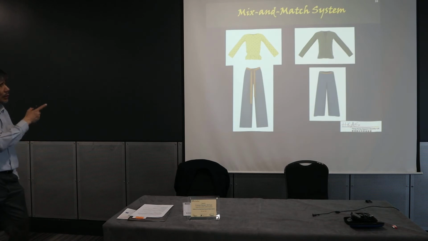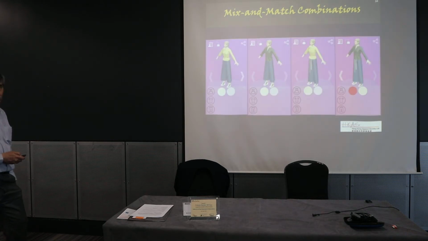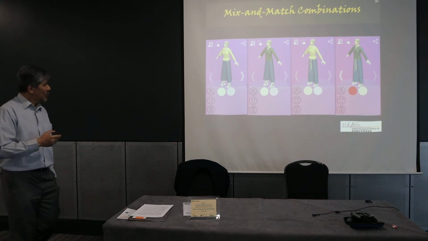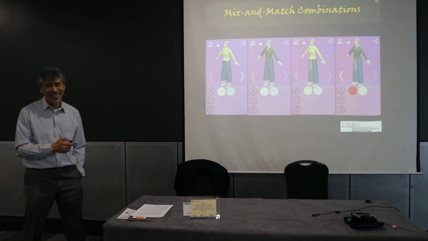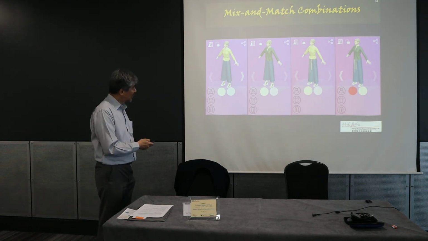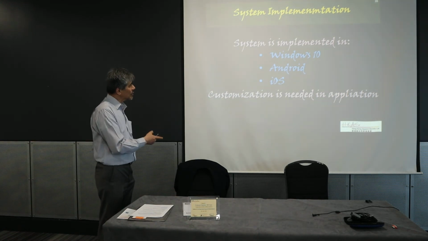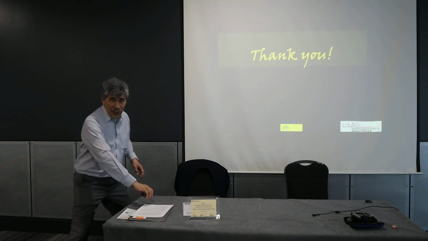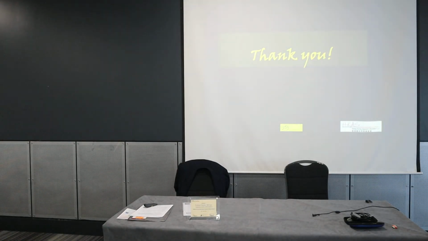And then these are 2 tops, 2 blouses, and 2 pants. And this is the result of the combination. This is on my Android phone also, so you can look at it later on. But we only have 3 examples here. So the system is supposed to be implemented on this particular set of operating systems. So thank you. Before we do that, I just want to show you the apps.